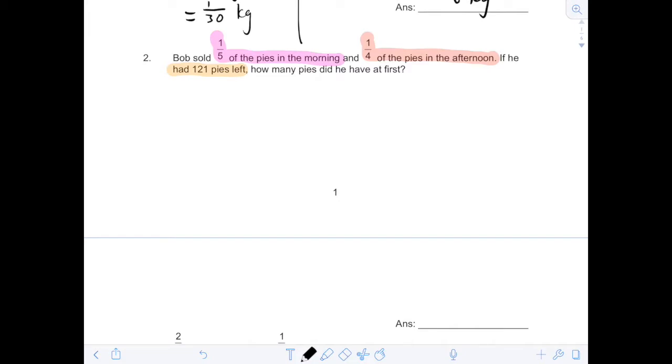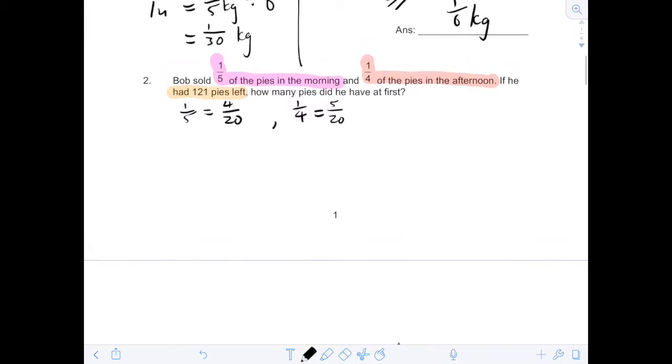So for this case, Bob sold 1 over 5 of the pies in the morning and 1 quarter. You have to change them to the same denominator. So the 5 you have to multiply by 4, and you get 4 over 20. And for the 1 quarter, you multiply the top and bottom by 5, you get 5 over 20. Now you see they have the same denominator. We can start drawing our model.